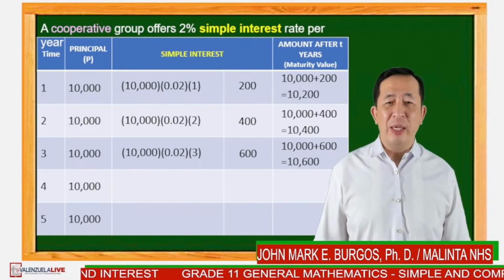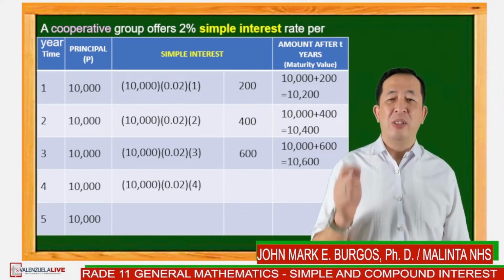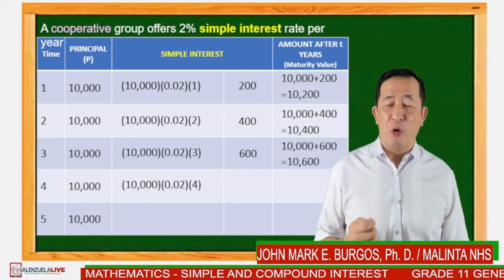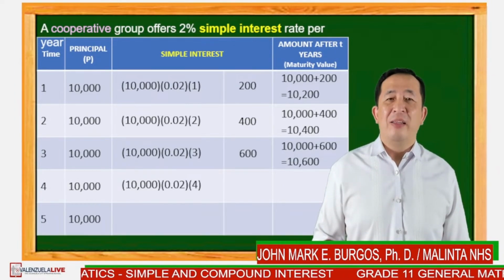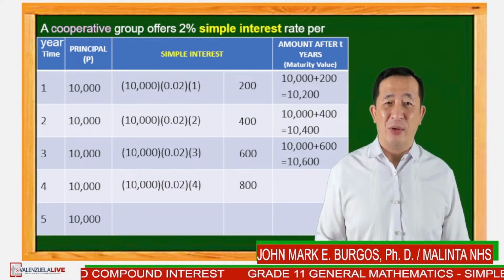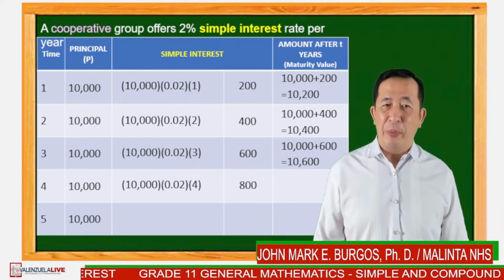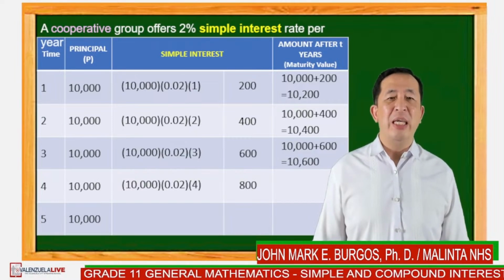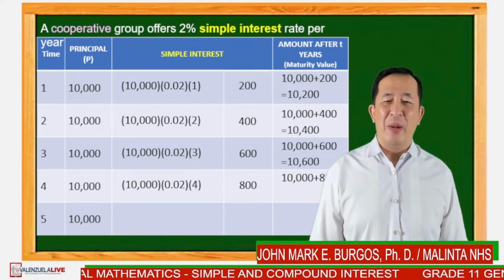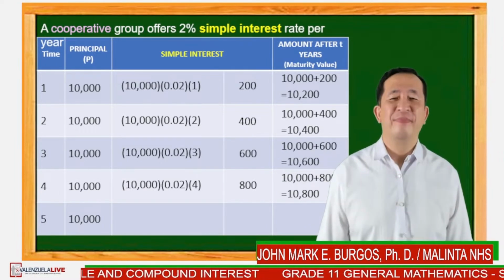To compute the simple interest, it will be 10,000 times 0.02 or 2% times 4. The simple interest computed will be 800 pesos. Adding the simple interest to the principal, the maturity value will be 10,000 plus 800 is equal to 10,800.